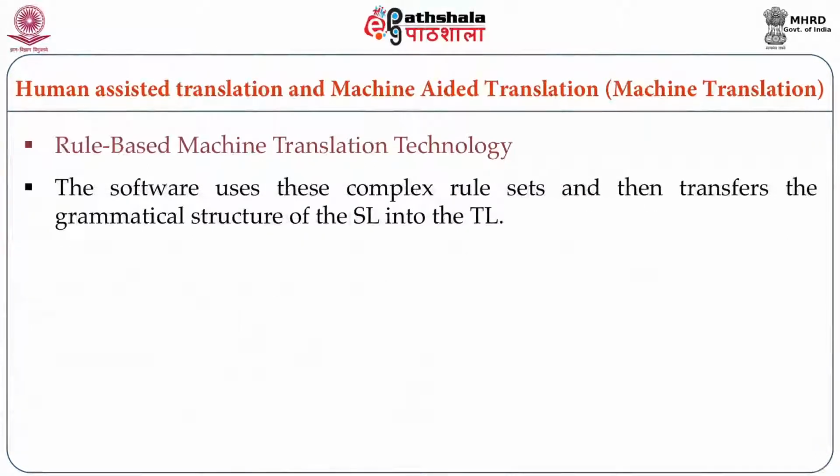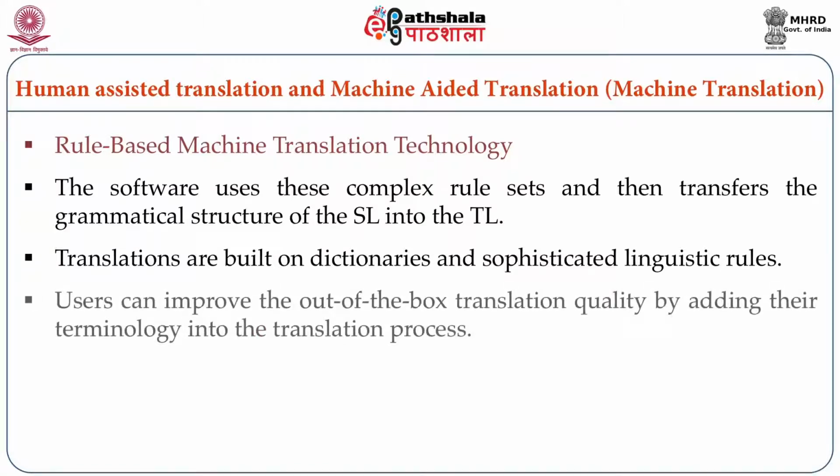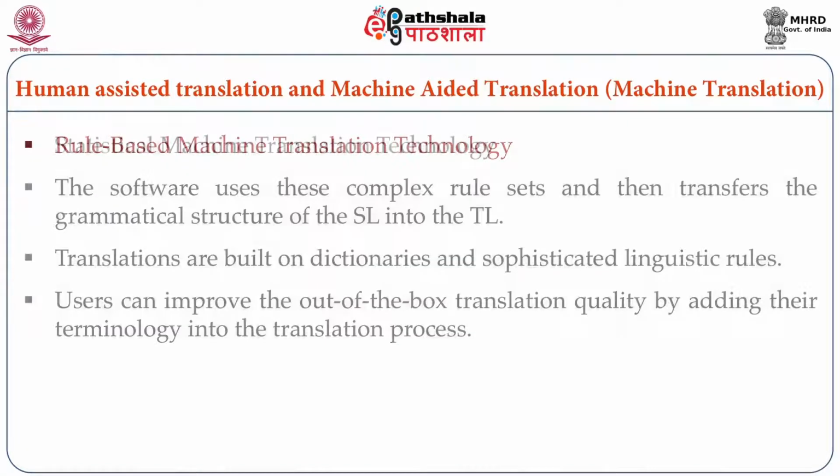The software uses these complex rule sets and then transfers the grammatical structure of the source language into the target language. Translations are built on dictionaries and sophisticated linguistic rules. Users can improve the out-of-the-box translation quality by adding their terminology into the translation process.